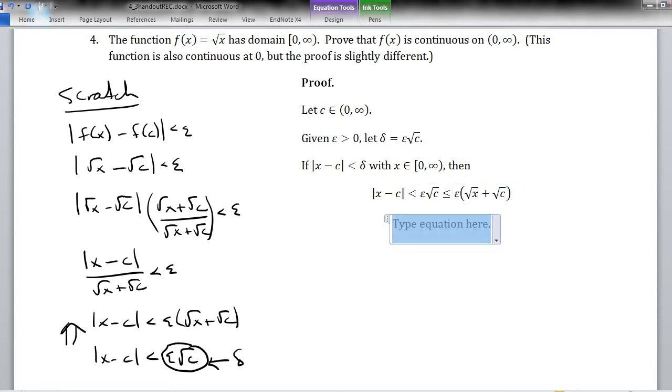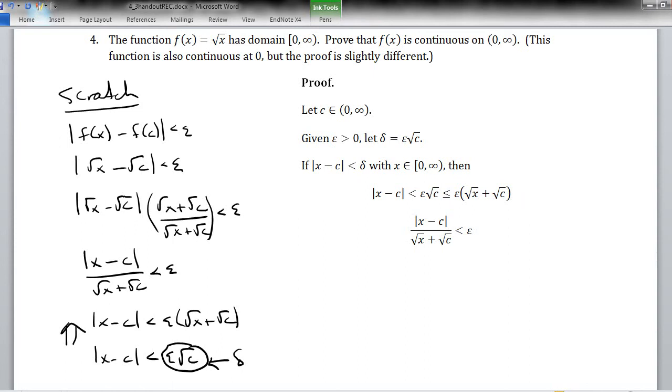So looking from beginning to end there, and then dividing both sides by root x plus root c, we get that absolute value x minus c divided by root x plus root c is less than epsilon.